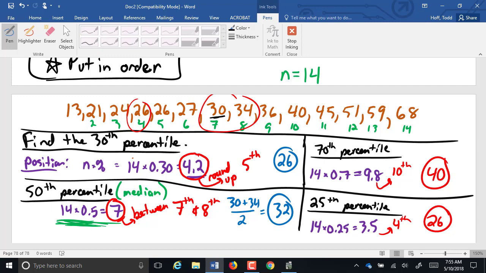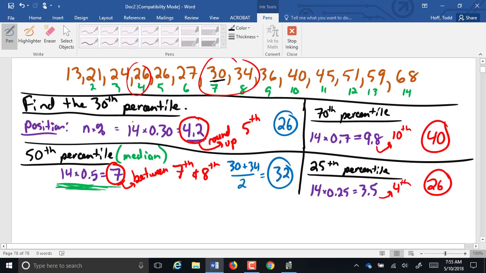Here, the 70th percentile was that 40, right?